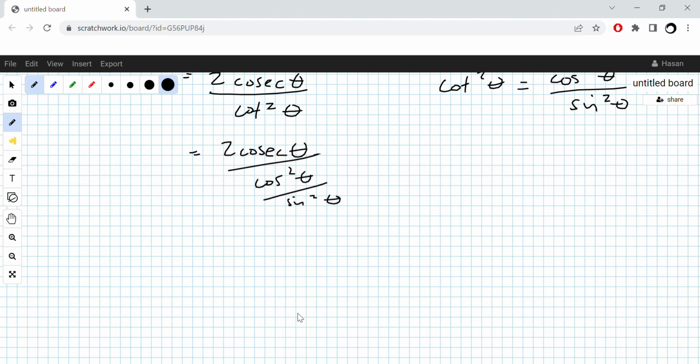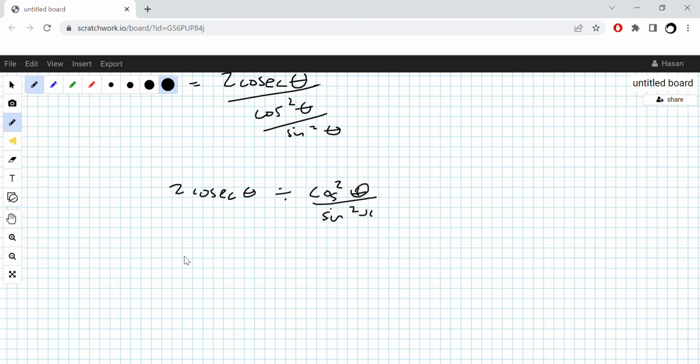That's the same as writing 2 cosec theta divided by cos squared theta over sine squared theta, and that's the same as writing 2 cosec theta times the reverse, which is sine squared theta over cos squared theta.